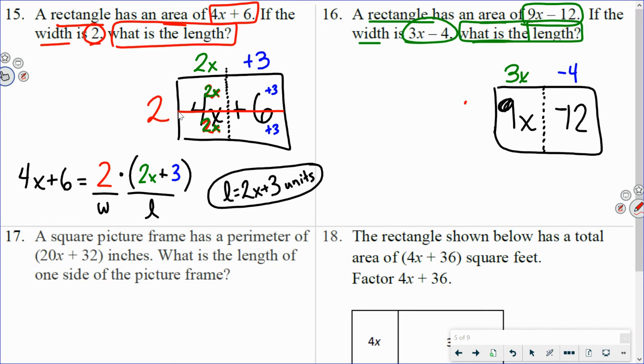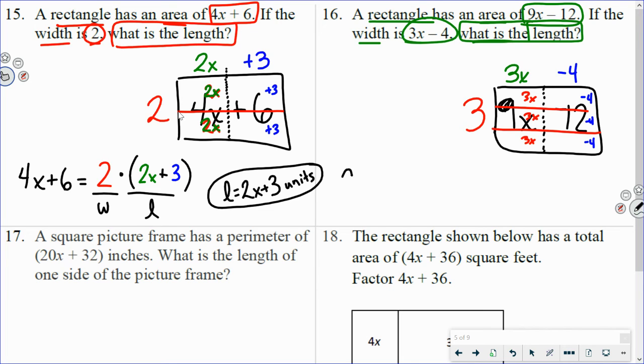So, how many rows would we have to split that into for each portion, each piece, to have 3x? Well, not surprisingly, 3x, another 3x, another 3x. I guess that means I need 3 rows. -4, another -4, -4. Yep, 3 -4s does give us -12.